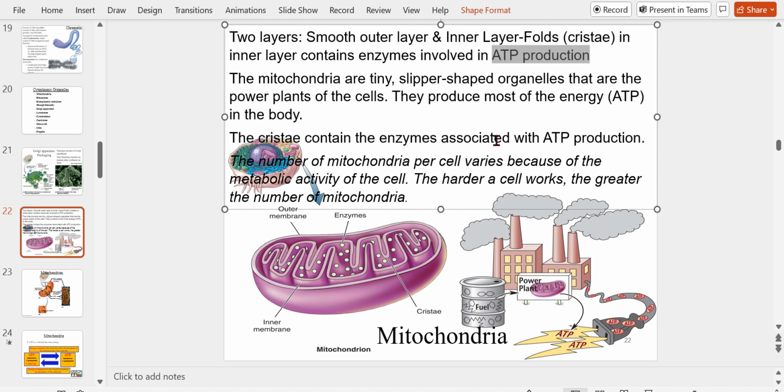The mitochondria are tiny slipper-shaped organelles that are the power plants of the cell. They produce most of the energy, ATP, in our body. The cristae contain the enzymes associated with ATP production. The number of mitochondria per cell varies with the metabolic activity of that cell. The harder a cell works, the greater the number of mitochondria.